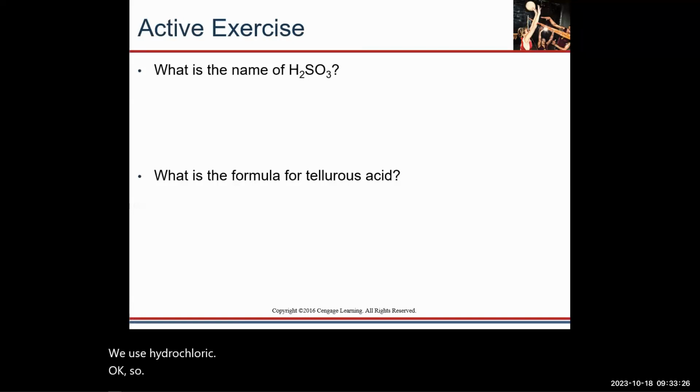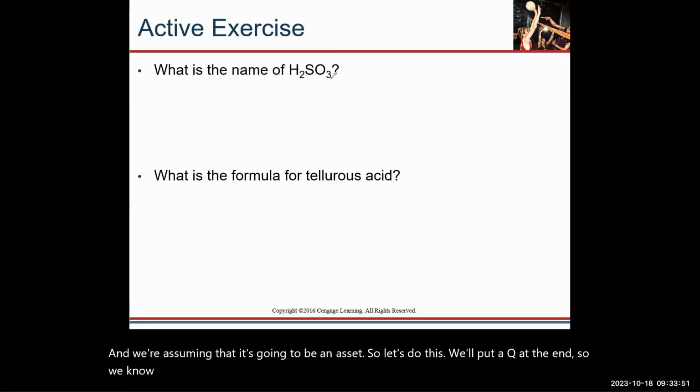So what is the name of H2SO3? And we're assuming that it's going to be an acid, so let's put AQ at the end. So we know that it's an acid.